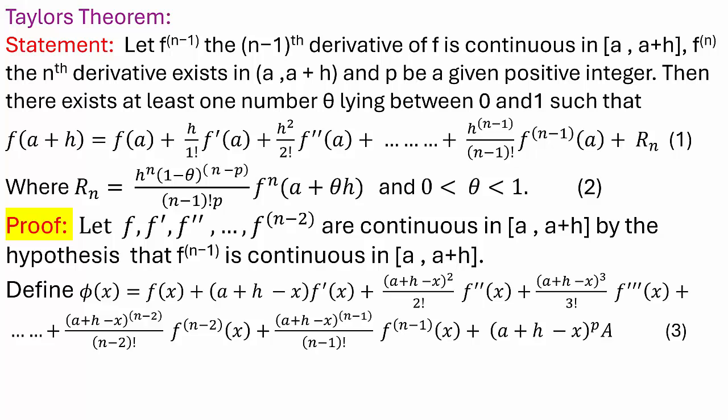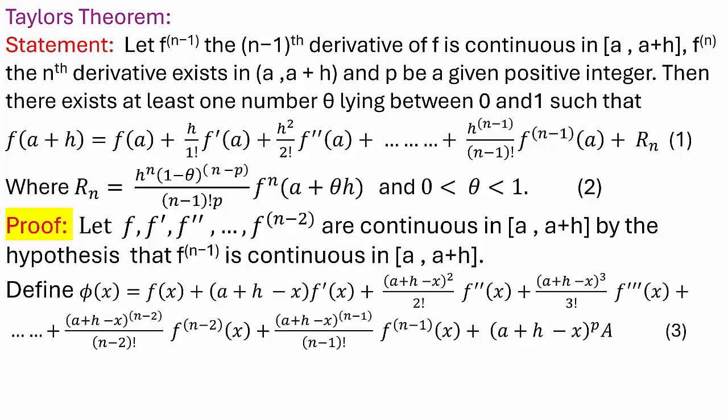For the proof, we shall define a function phi as phi(x) = f(x) + (a+h-x) f'(x) + ((a+h-x)^2/2!) f''(x) + ((a+h-x)^3/3!) f'''(x) + and so on.